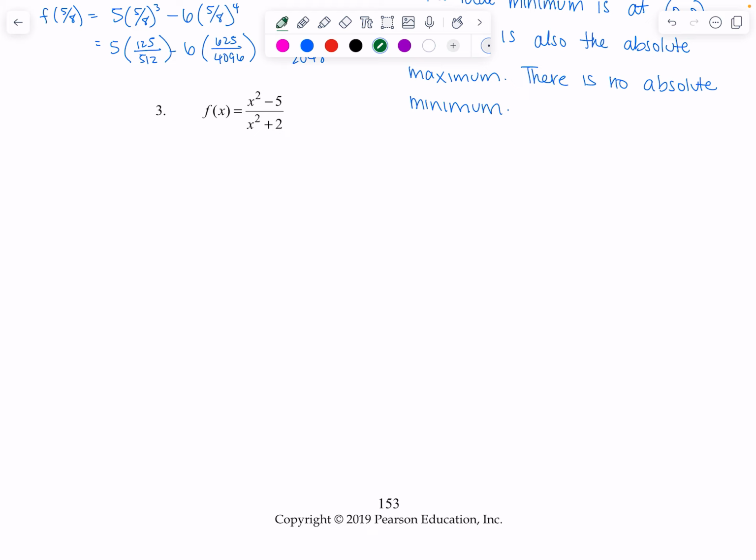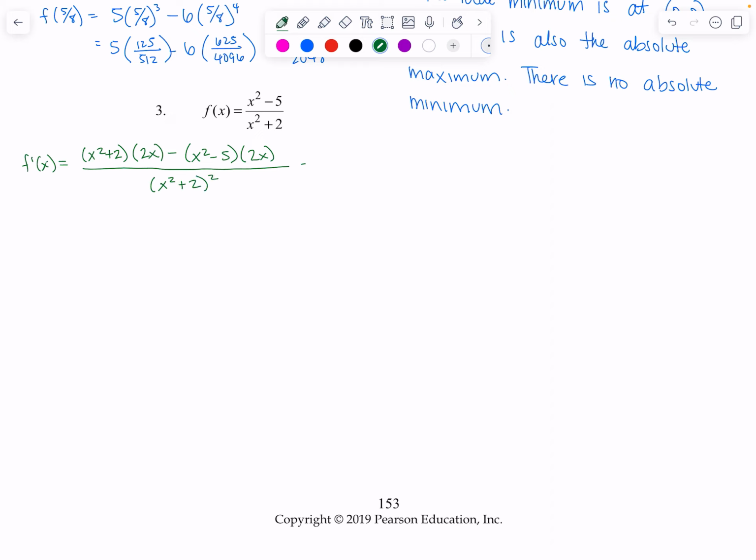F of x equals x squared minus 5 over x squared plus 2. Let's find our critical values. Taking our derivative, we have the bottom times the derivative of the top minus the top times the derivative of the bottom over the bottom squared.